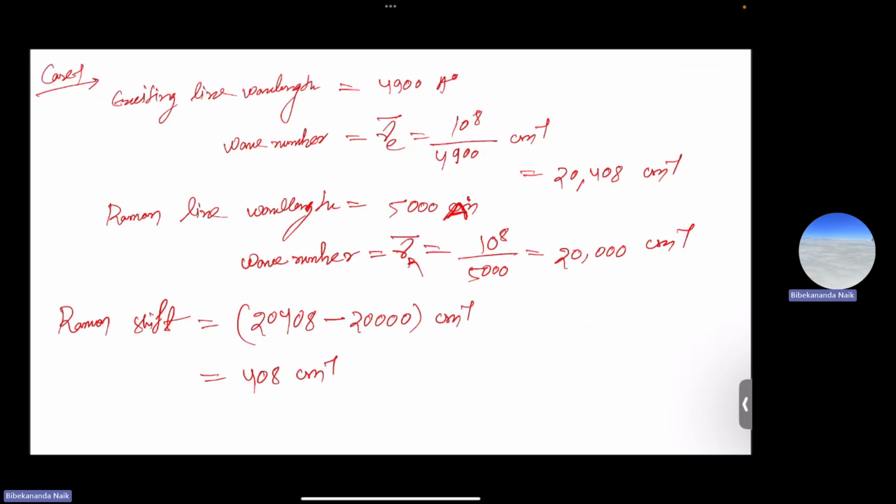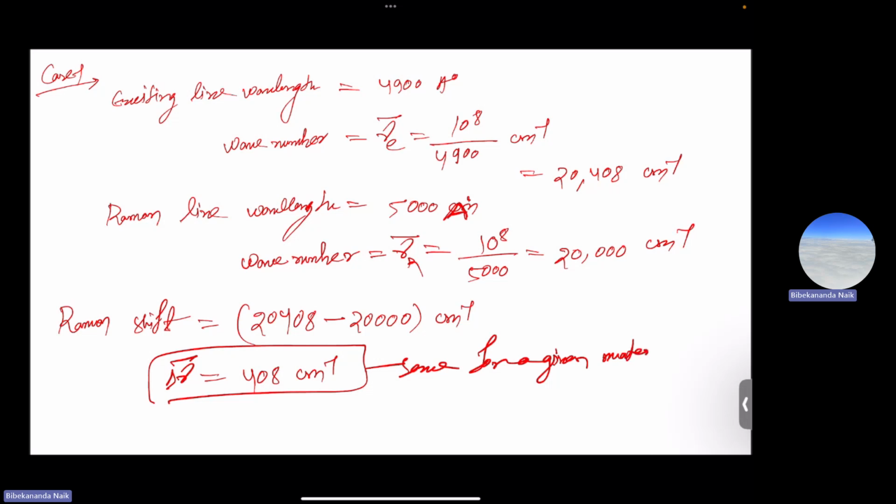So this is the Raman shift and it will be the same for a given material. Now if we talk about the second case, what was the wavelength of exciting line? It was 4000 Angstrom. So exciting line wavelength is 4000 Angstrom.